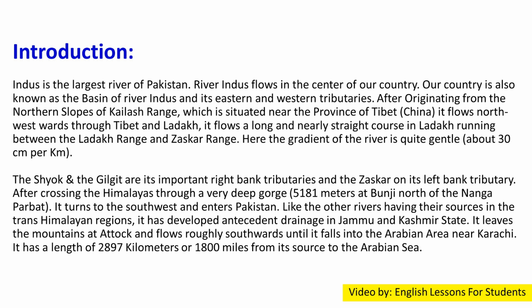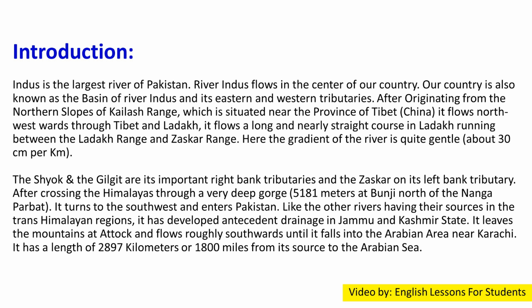After crossing the Himalayas through a very deep gorge, 5181 meters at Bunji north of the Nanga Parbat, it turns to the southwest and enters Pakistan. Like the other rivers having their sources in the trans-Himalayan regions, it has developed antecedent drainage in Jammu and Kashmir State.